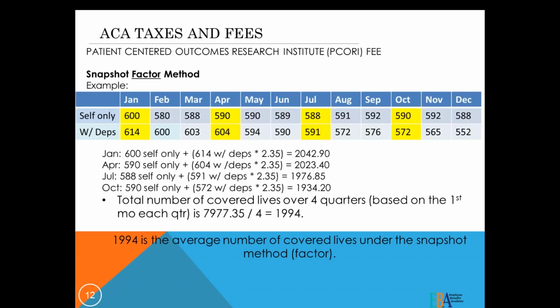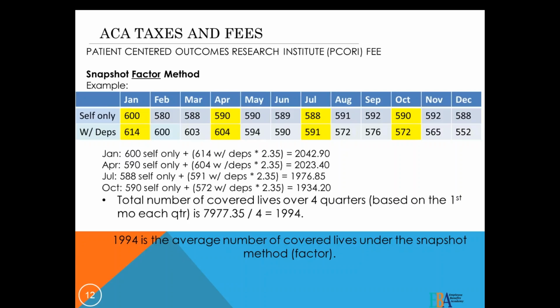In this particular example, this employer chose to use the first day of the first month of each quarter to determine the snapshot factor. In January, they have 600 participants with self-only or employee-only coverage and 614 dependents. So this number with dependents, 614, is now multiplied by 2.35 and added to the 600 employee-only, which totals 2,042.90.